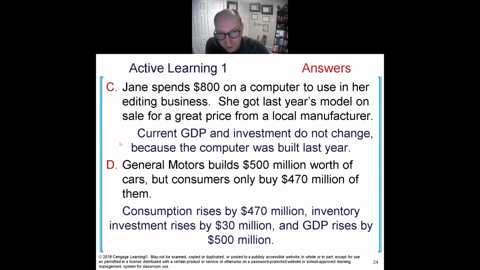But I guess that was technically a two-parter, yeah? Jane spends $800 on her editing business. Yeah, it's investment. But GDP is not affected. Why? The second sentence. It's last year's model. It wasn't made this year, so it doesn't affect GDP.